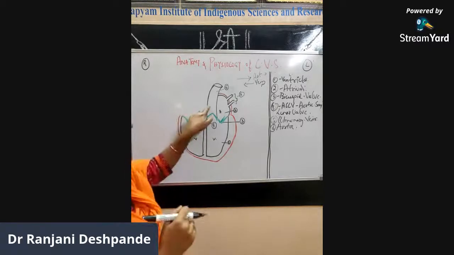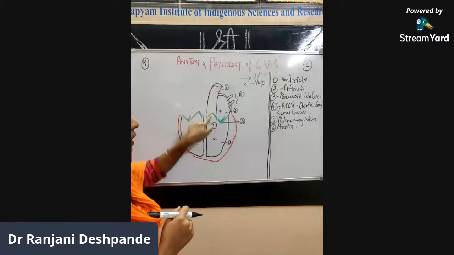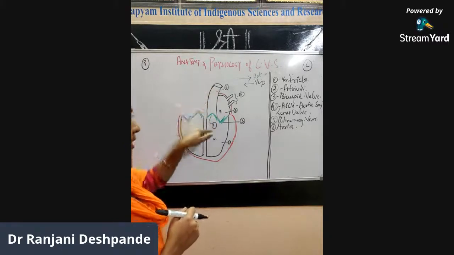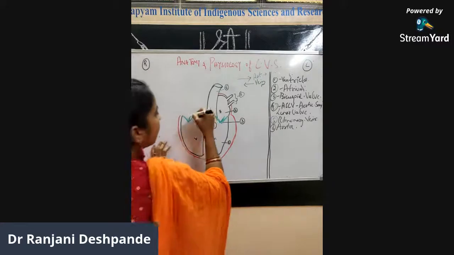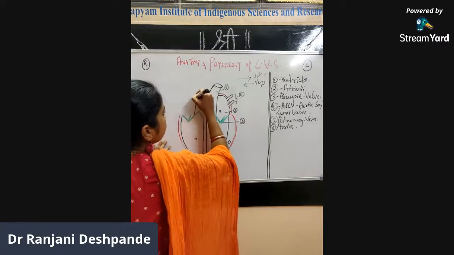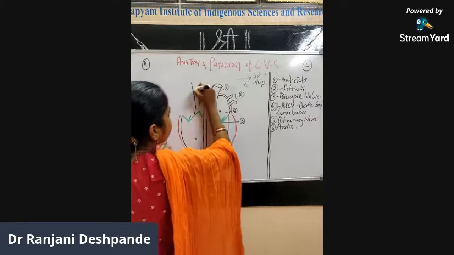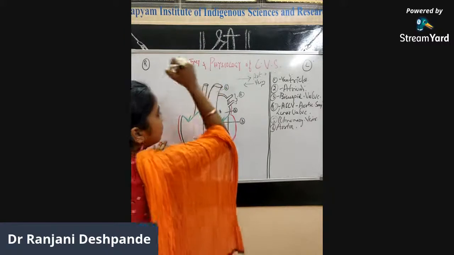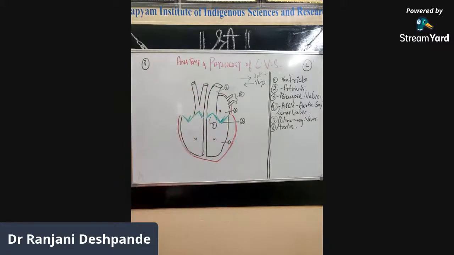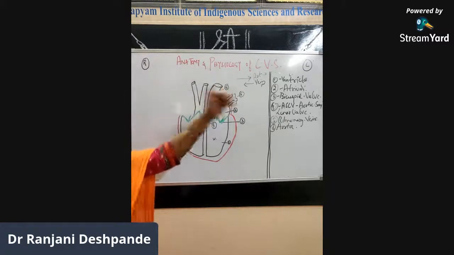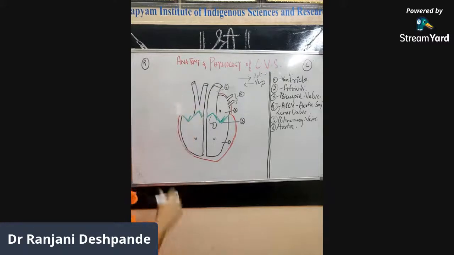Just like we had the aorta rising from the aortic semilunar valve, from here we have another big artery that quickly divides into two. So this is our pulmonary artery. It quickly divides into two and each goes to each of the lungs, right lung and left lung. Now we have to complete the atrium here, right?